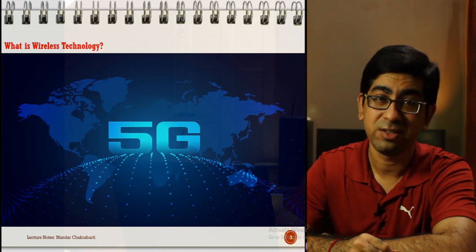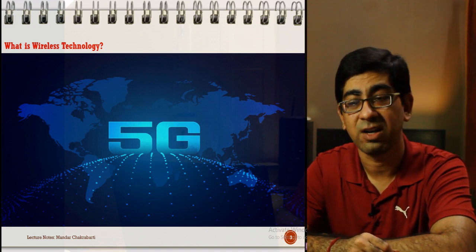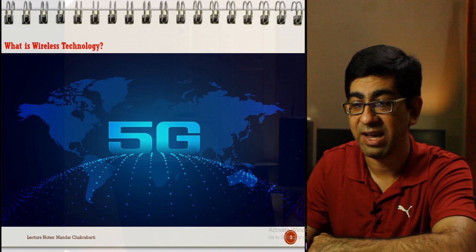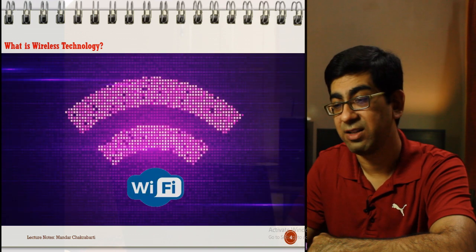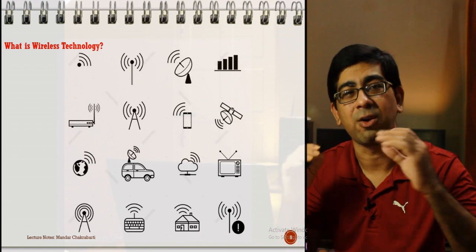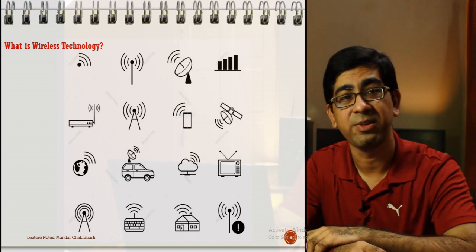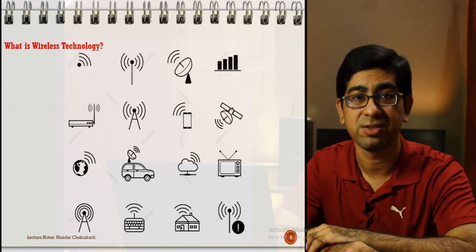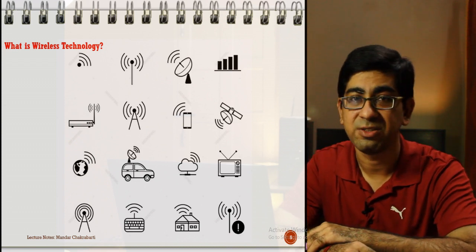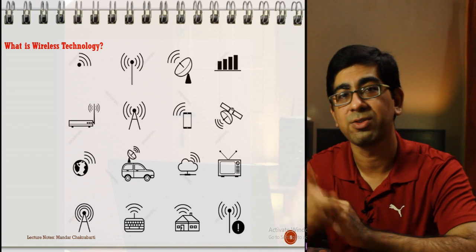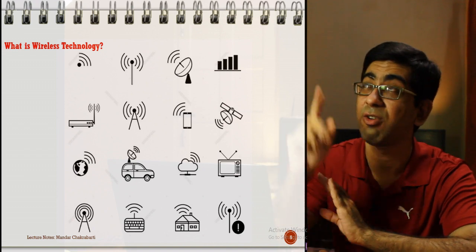But wireless technology not only orients around Wi-Fi or 5G, but rather wireless technology orients around an entire host of systems. It deals with the FM radio channels we listen to while we drive in our cars. It deals with the television signals we receive at our homes through Dish TV and Tata Sky on our rooftops.